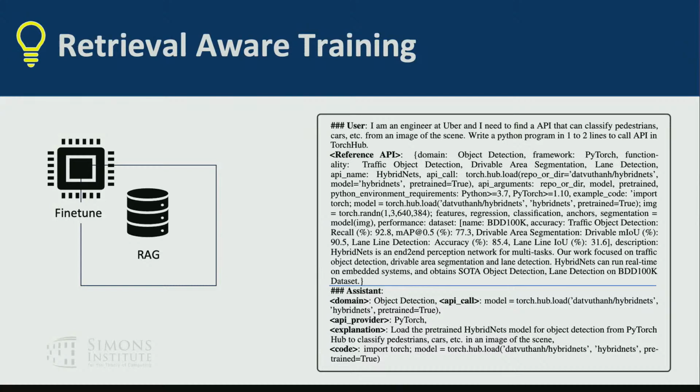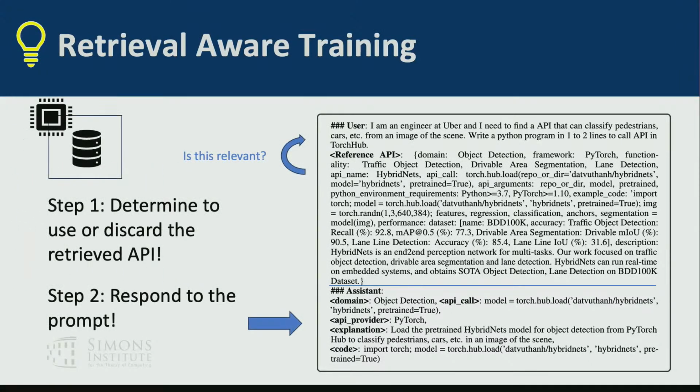The retriever said, here's a reference API, why don't you use this reference API to answer this question? The first thing that we teach the model to do is answer the question, is this relevant? In this case, I'm doing object detection for an API that requires classifying pedestrians, cars, etc. So this is probably correct. That's what the model learns. And then the model goes ahead and gives you the response as to what you need to do, and also an explanation to make it slightly more interpretable.